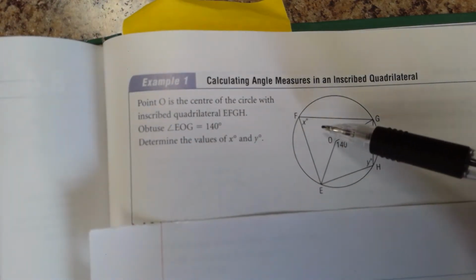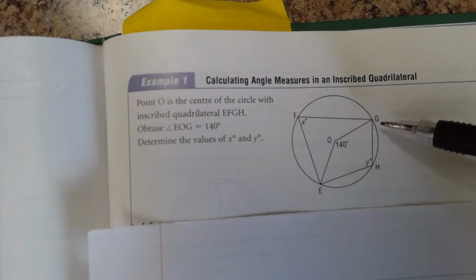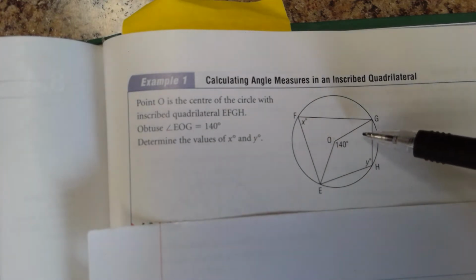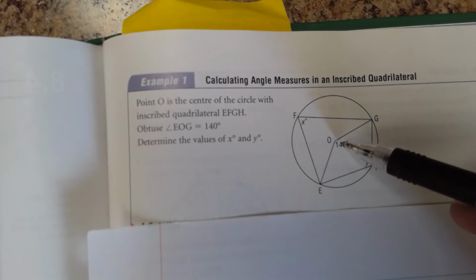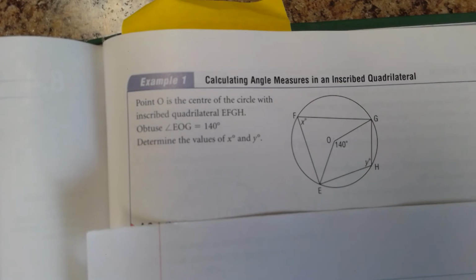Now we got another angle down here, angle Y. Notice that down here, we have two different quadrilaterals inscribed into this circle. They're both based around the center. So look at this quadrilateral here. We know that one of these angles is 140 degrees. What do we know about angles inscribed into a circle that are opposite of each other?